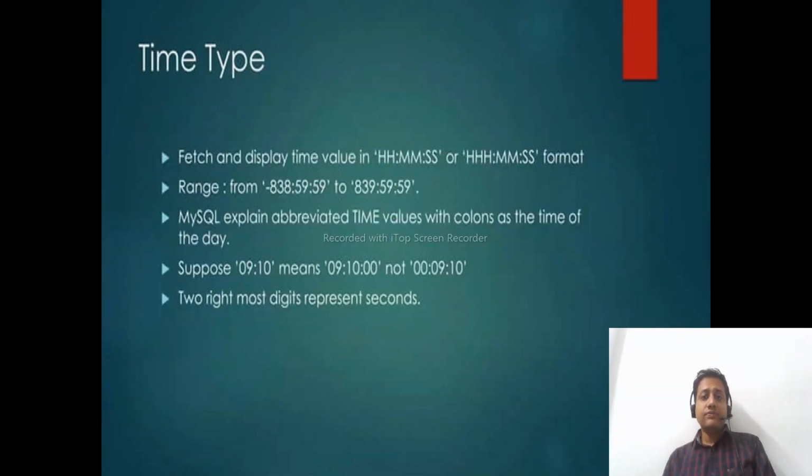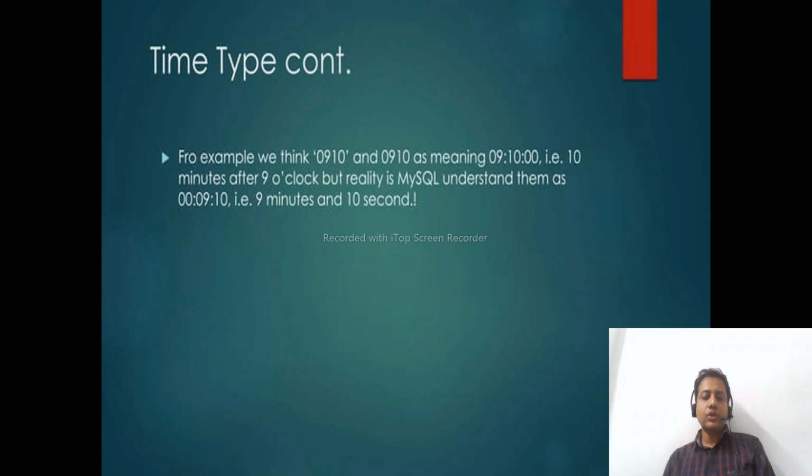Apart from that, we also have another data type, that is time. In this we are not taking date or the whole year. In this we are only taking the time. So for example, if we want to mention 9 AM and 10 minutes, 9.10 AM, what SQL will understand is that 9 minutes and 10 seconds have already passed.